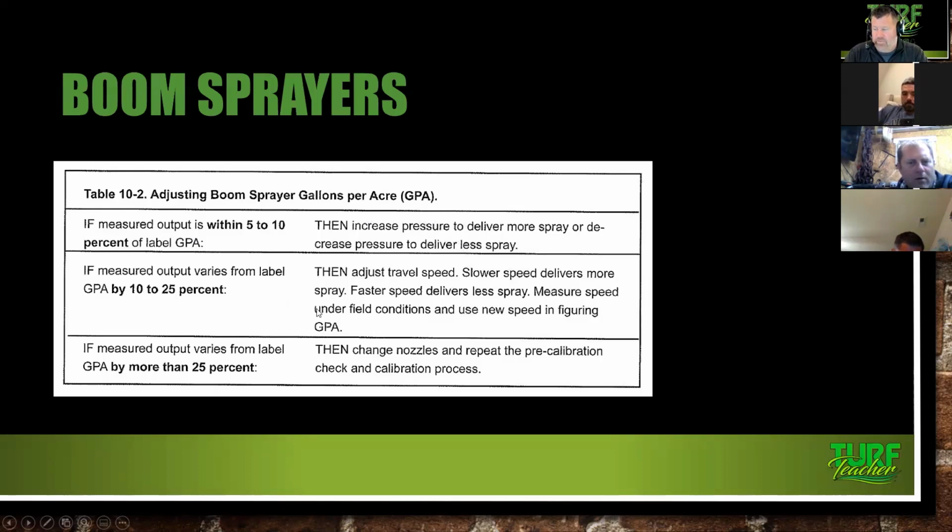If the measured output varies from the label gallons per acre by 10 to 25%, then adjust travel speed. Slower speeds will deliver more spray. Faster speeds deliver less spray. Measure speed under field conditions, and use the new speed in figuring your gallons per acre. If measured output varies from label gallons per acre by more than 25%, then change the nozzles and repeat the pre-calibration check and calibration process.